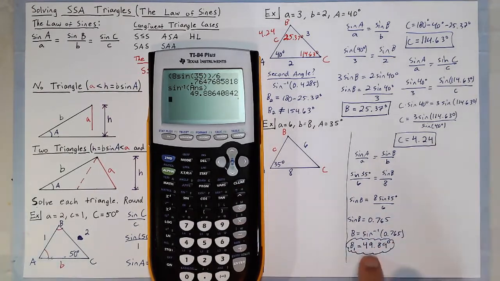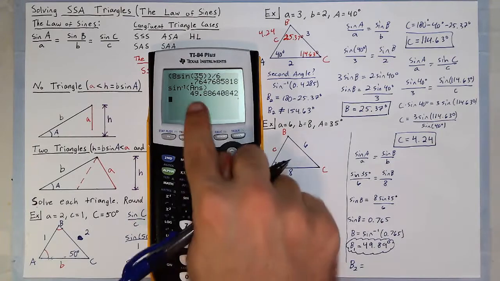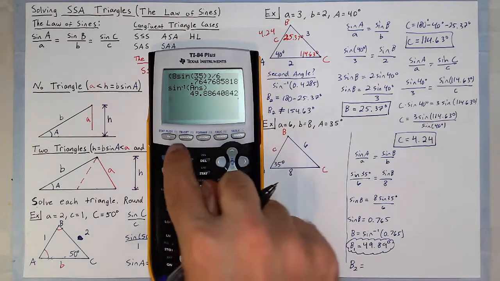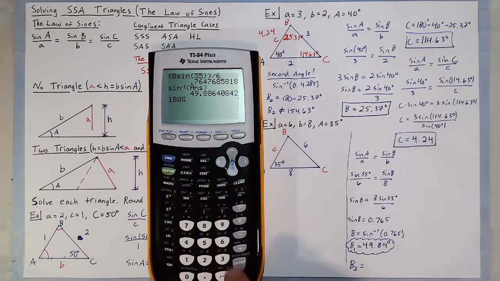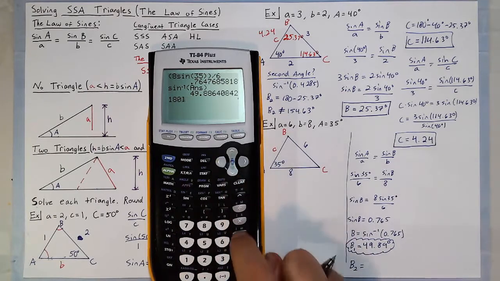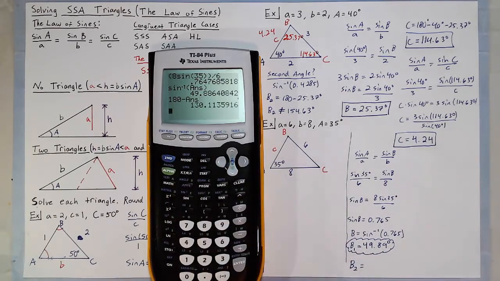I used clouds for my first triangle, but my second possible angle for B would be the supplement of this angle. So 180 minus that angle. So 180 minus 49.89 degrees, which would be 130.11 degrees.